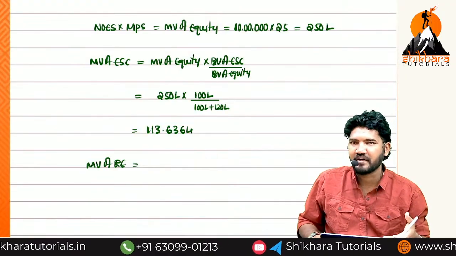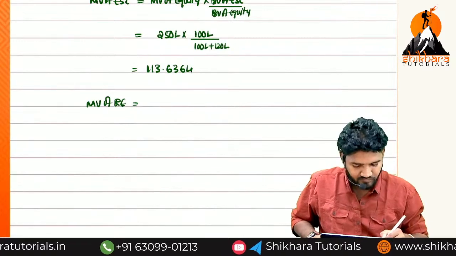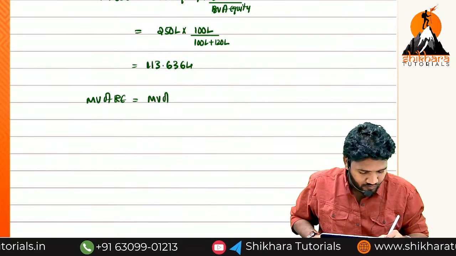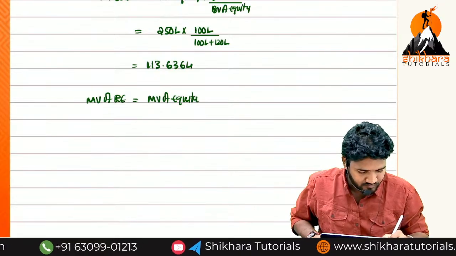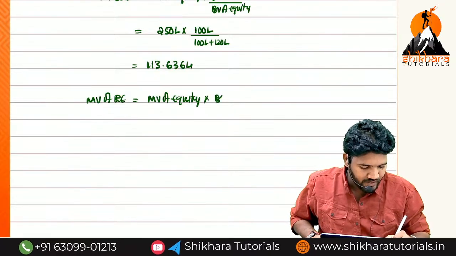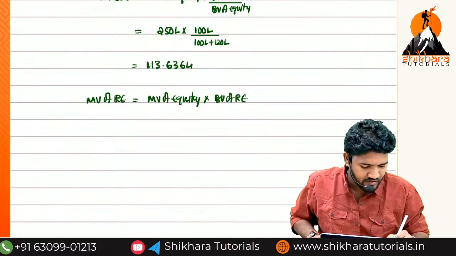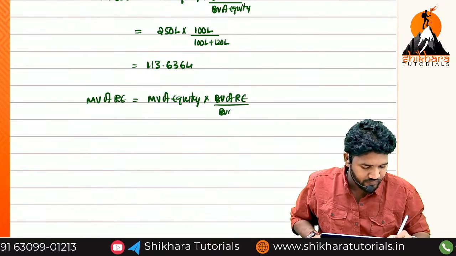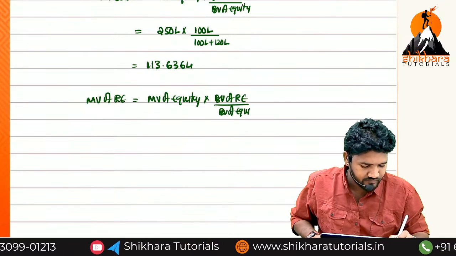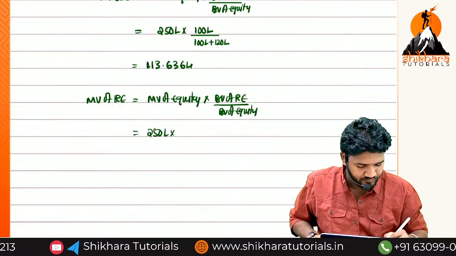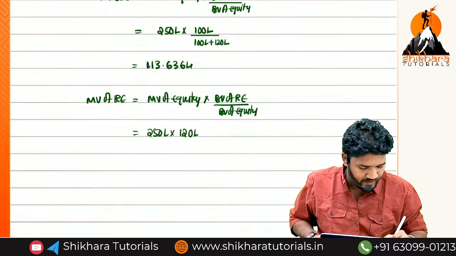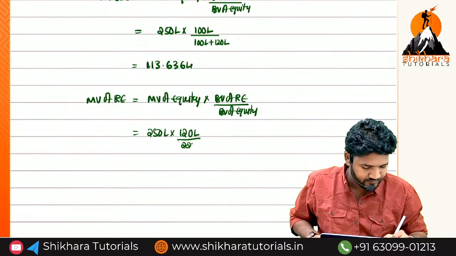Or what is the calculation part? Market value of equity into book value of retained earnings divided by book value of equity: 250 lakhs into 120 divided by 220 lakhs.